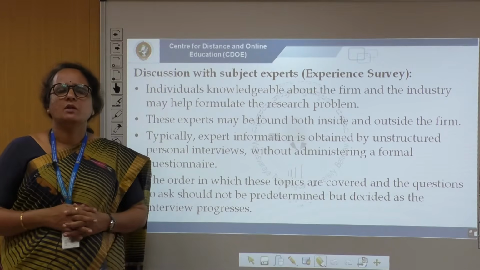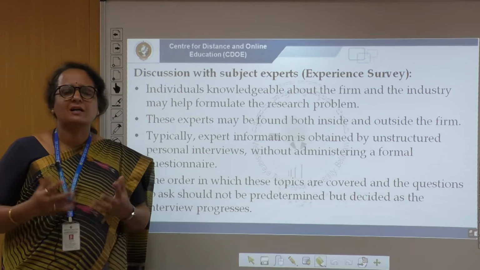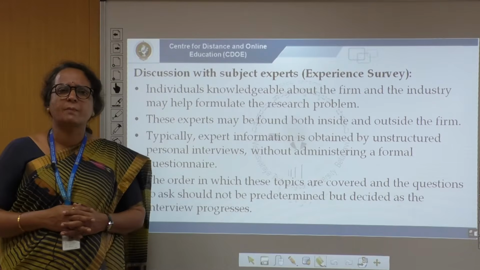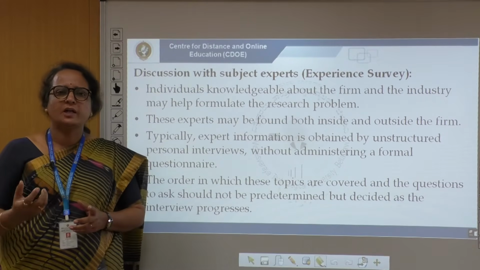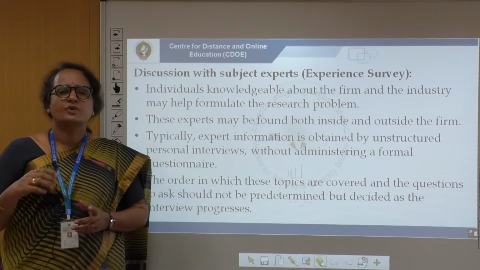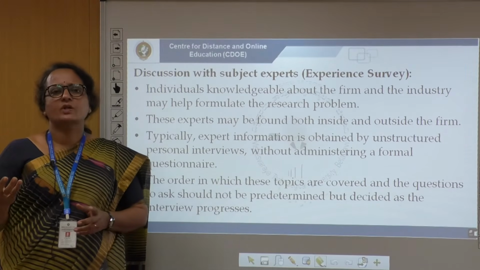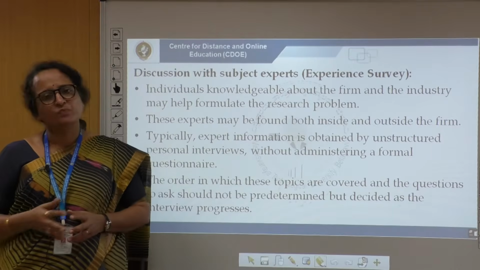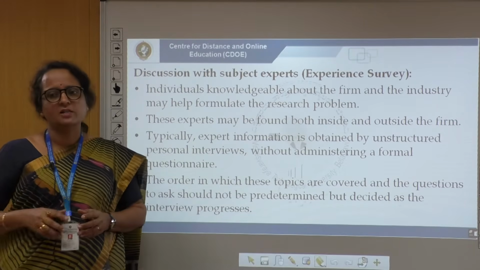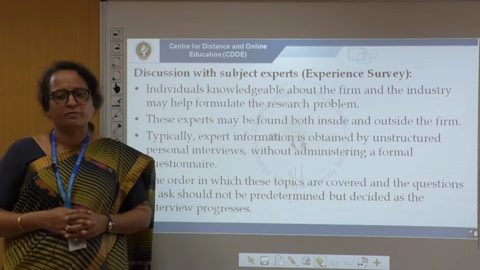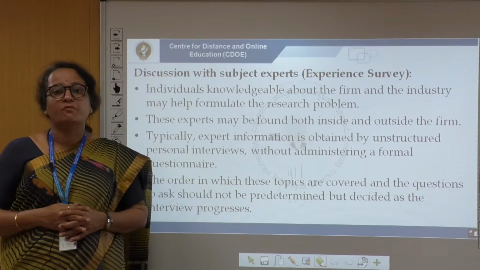We may come out with the solution to the problem, or understand the nature of the problem thoroughly. So it all depends upon the responding capability or the information which they give to the researcher. On the basis of that, the number and order of questions will vary from one person to the other. Hence it is called an unstructured personal interview, without administering a formal questionnaire.